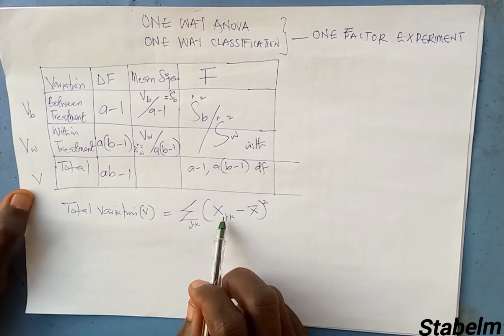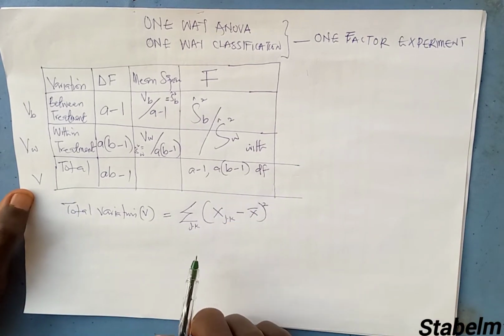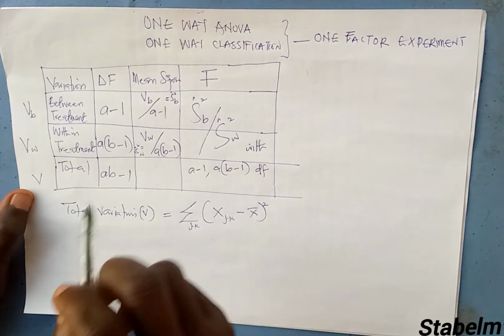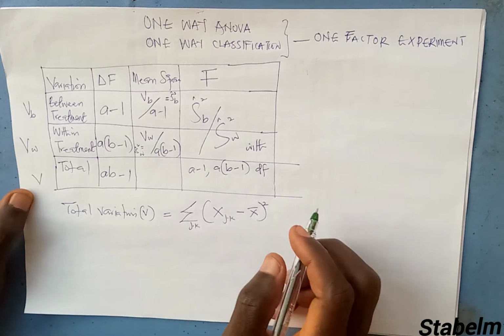That is, x subscript jk means each value in the groups, minus x bar, the mean of the whole group. Then we square it. The summation will give us that.